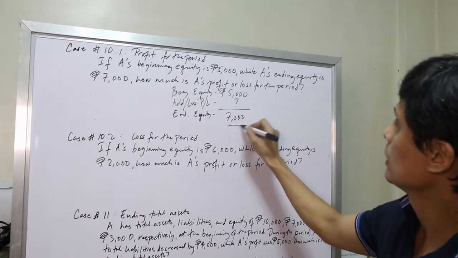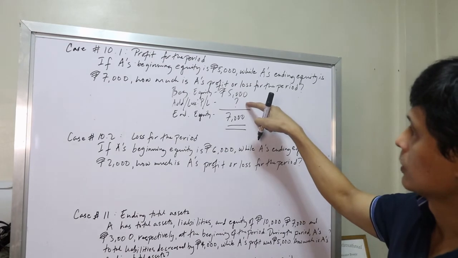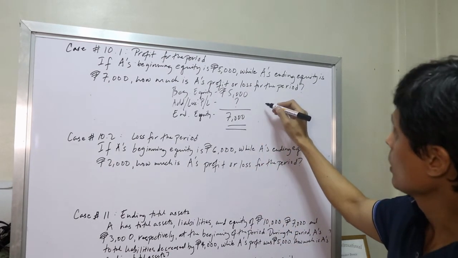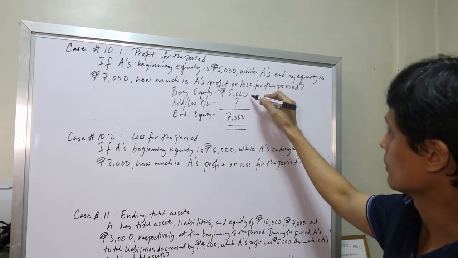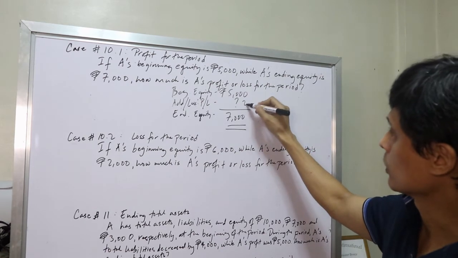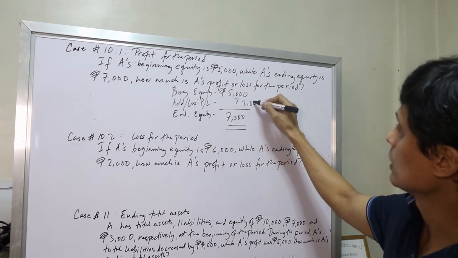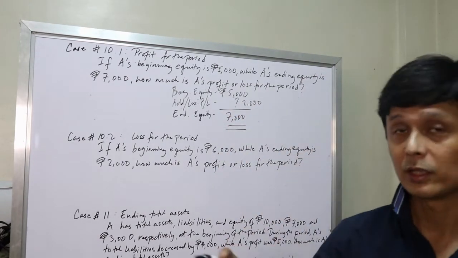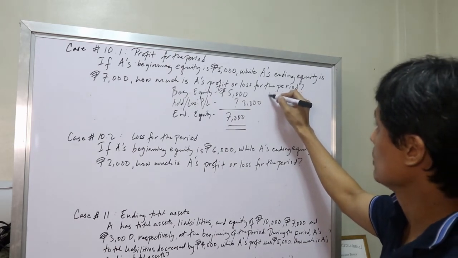So as you can see, naka-arrive ka dito pero hindi mo alam to. So what you can do is just simply deduct this 5,000 from this 7,000. So you get 2,000. So the profit is actually 2,000.